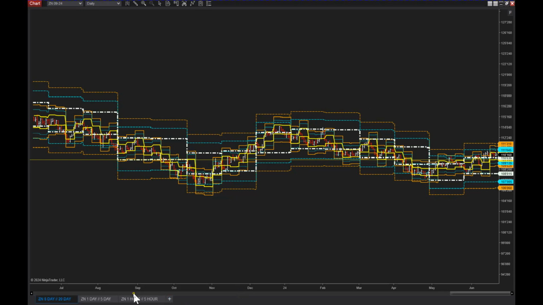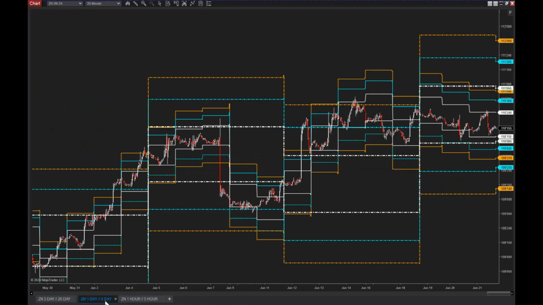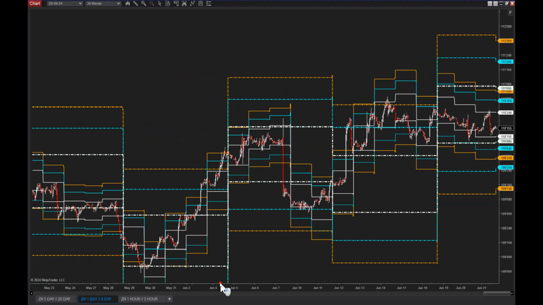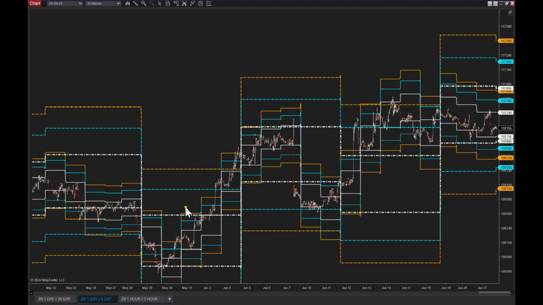So will that stick? We can look at the 1 day, 5 day. You can see here we've had the 1 day ones inside the weekly ones, and that just shows consolidation. Here was a run up, broke that 5 day one, went to the 5 day three, and then the daily three.